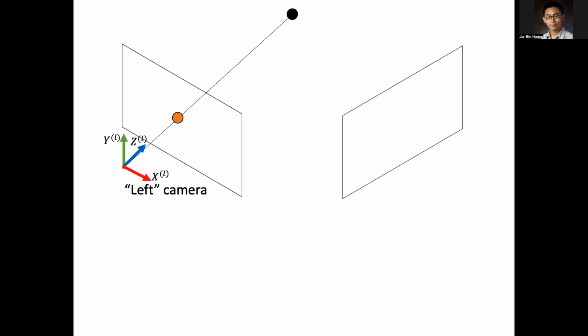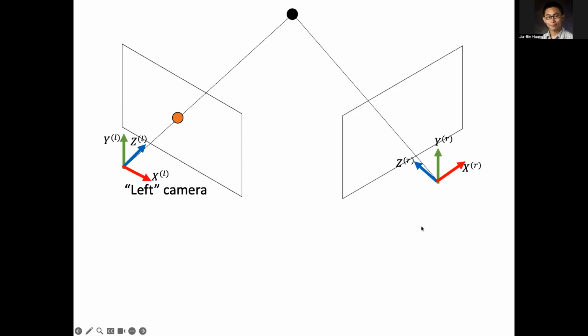And at the same time, I have another camera. Say this is the object, this is the point X. I capture this point image with the left camera. The left camera has its own coordinate system, right? This right camera has another coordinate system, okay? So it looks like this. I label the coordinate systems with superscript L and superscript R. This guy is the right camera, right?